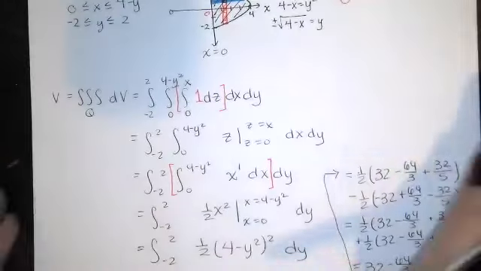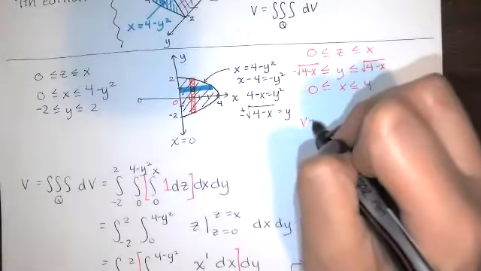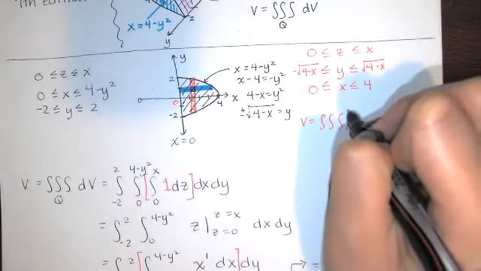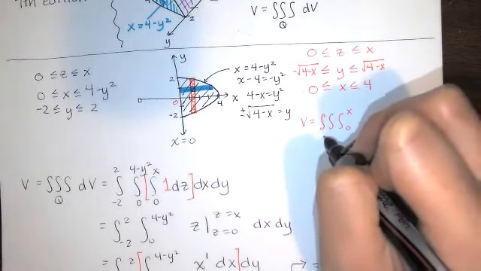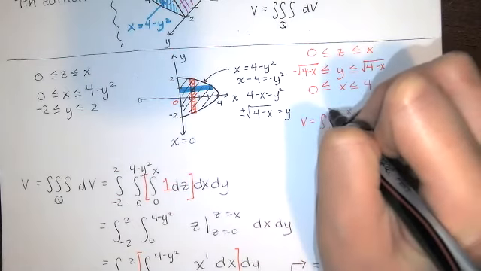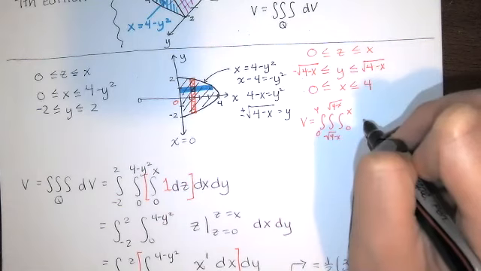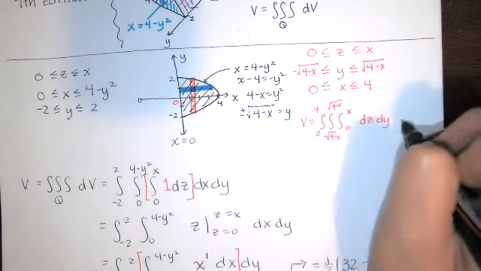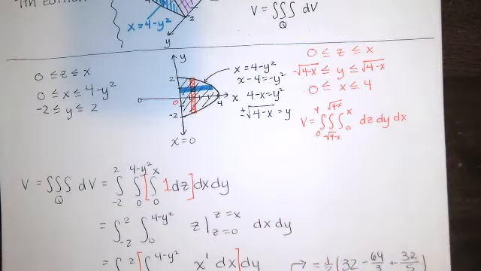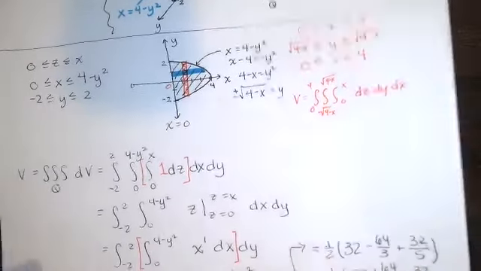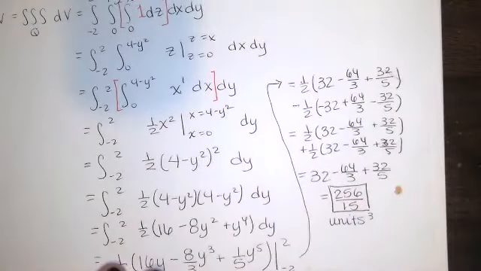So this is one way of doing it. An alternate way is to let z go from 0 to x, y go from this negative square root to the positive square root, and let x go from 0 to 4. If you want to practice your integration skills, you could evaluate that integral instead and see that you get exactly the same thing.